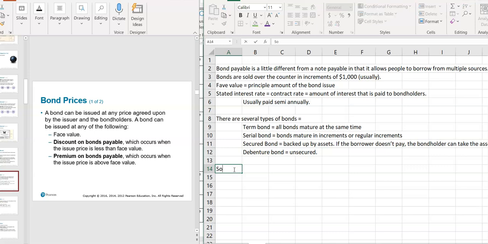All right, so bonds can be issued at face value, a discount, or a premium.